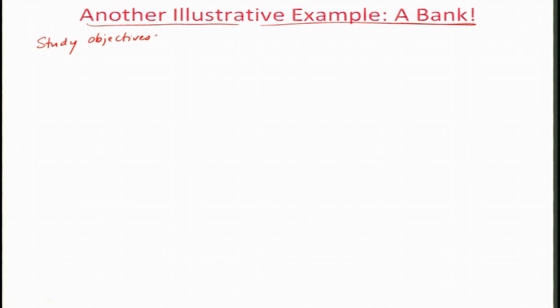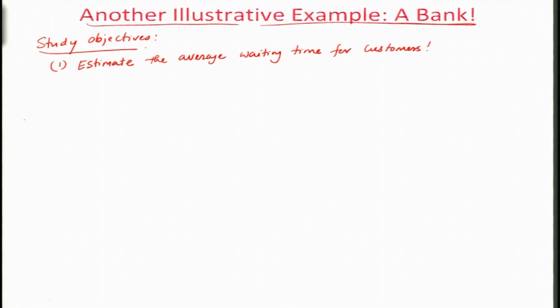You want to study a bank, and for the time being our first study objective is to estimate the average waiting time for customers. Okay. You are interested in finding out the average waiting time, how long does the customer have to wait before getting served.